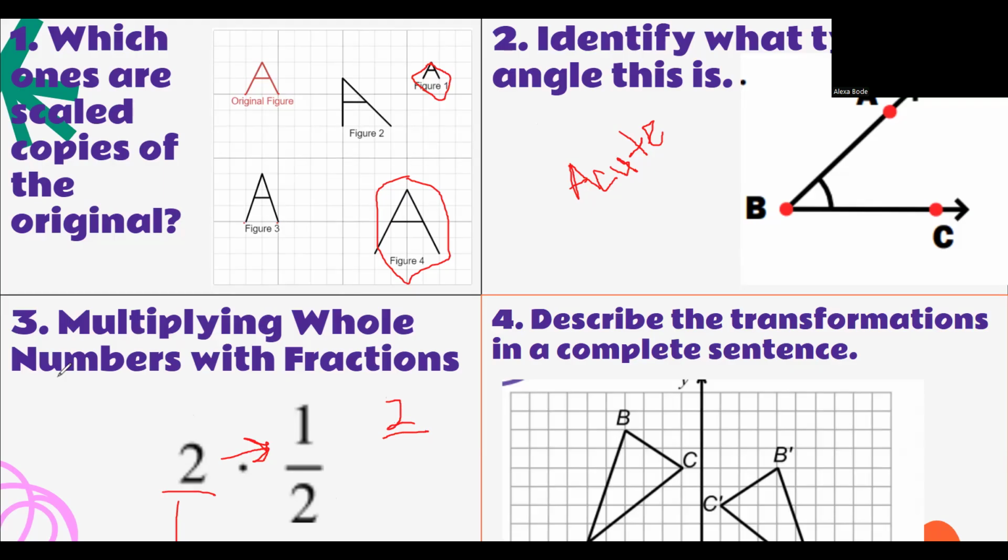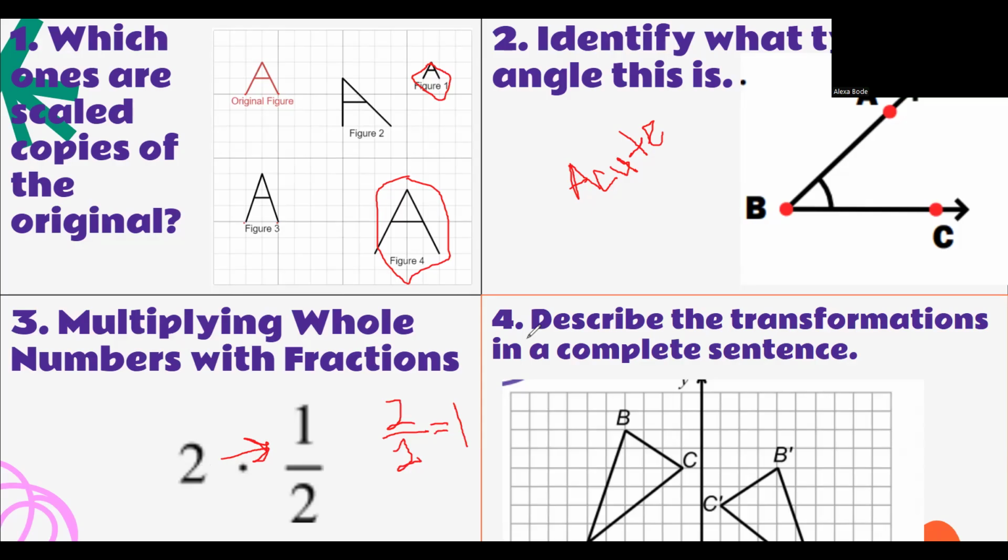So every time you do a whole number times a fraction, you multiply by the top number, the bottom number stays the same, and then you simplify if you can. So this is 2 over 2, which is equal to 1. You can also look at this one as what is half of 2, and that is 1.